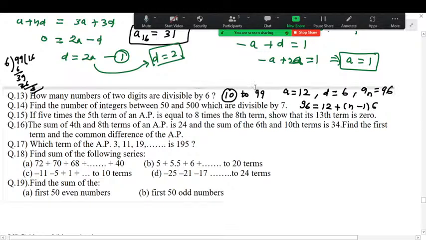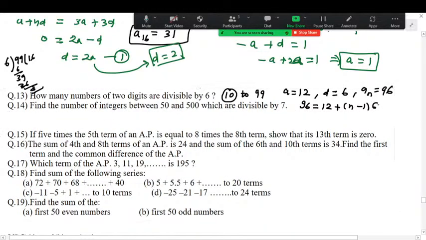In this way you can figure out the answer. 96 minus 12, you will get 84, and now you divide by 6 and you will get 14, since 6 ones are 6 and 6 fours are 24. Finally you obtained n is equal to 15. There are a total of 15 two digit numbers which are divisible by 6.